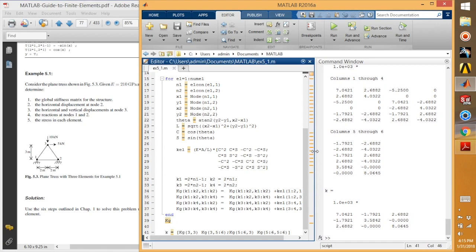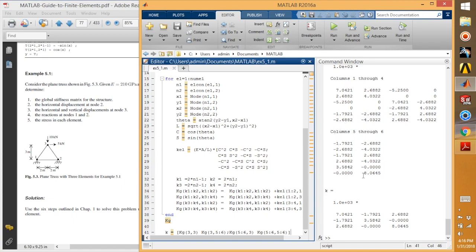For that we have defined 3, 3, which is this one, which comes here, and then third row, 5th to 6th column, which is this one, and this one is coming here and here, right?